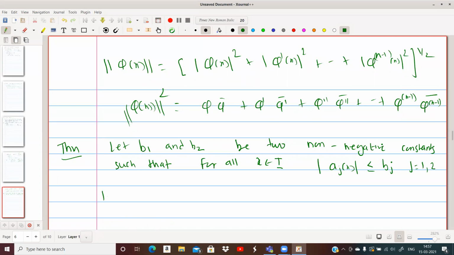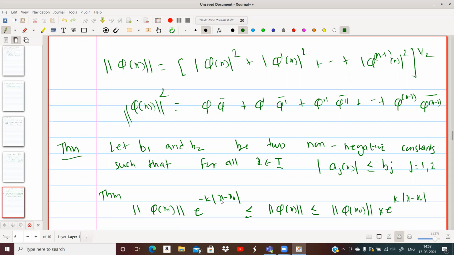Then the similar result that was discussed for constant coefficients holds here with variable coefficients. Then you must have the norm of phi at x naught multiplied by exponential of minus k times magnitude of x minus x naught, less than or equal to the norm of phi of x, less than or equal to the norm of phi at x naught multiplied by exponential of k times mod of x minus x naught.